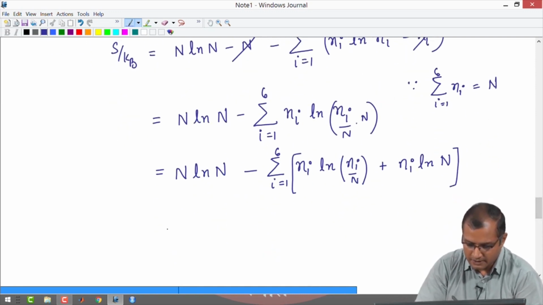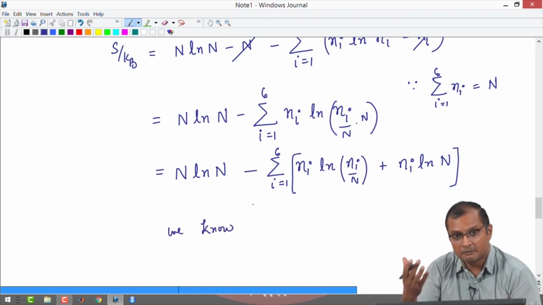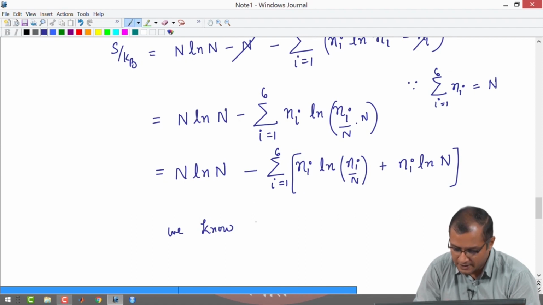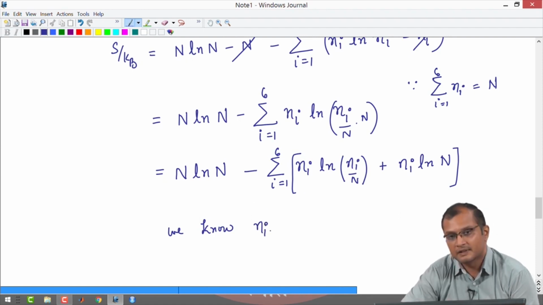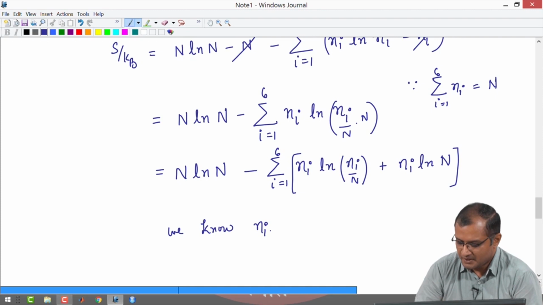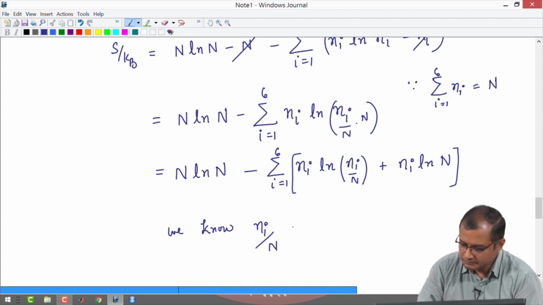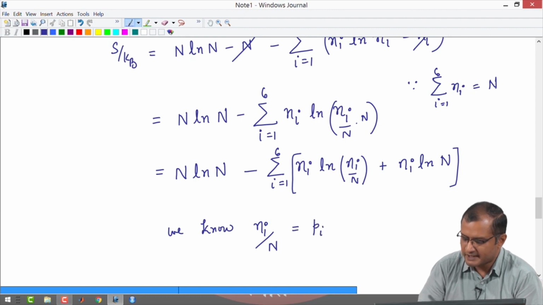And we know that, so this is the appearance of probability. We know that the number of times the ith outcome came divided by the total number of dice is nothing but the probability of getting the ith outcome, okay.